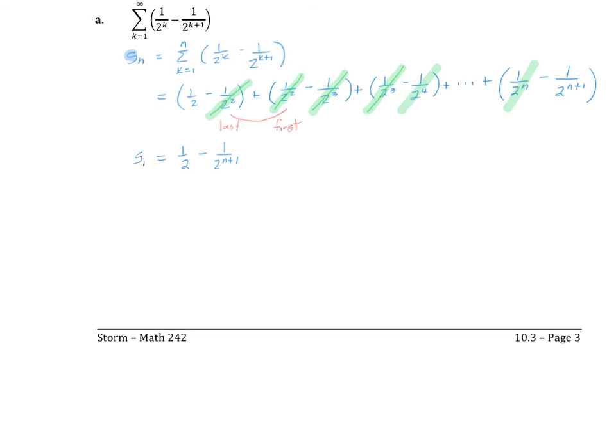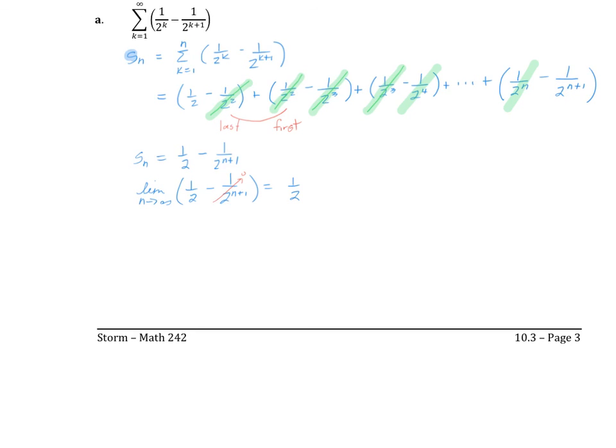So remember, this is my S sub n. To figure out if this series converges, all I have to do is take the limit as n goes to infinity of my S sub n, which is 1/2 minus 1 over 2 to the n plus 1. And when we take this limit, the 1 over 2 to the n plus 1 is going to go to 0. This limit is equal to 1/2.